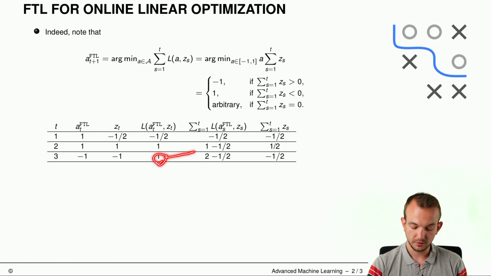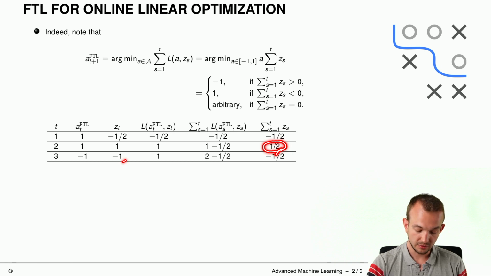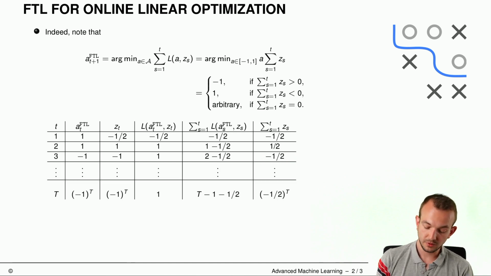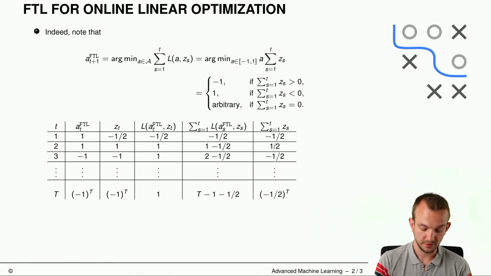We add this 1 to our previous cumulative loss and end up with 2 minus 1/2. We update the sum over the environmental data points, add to the 1/2 the -1, get the -1/2, and if we do this now till we reach the time horizon, you see the pattern in here.